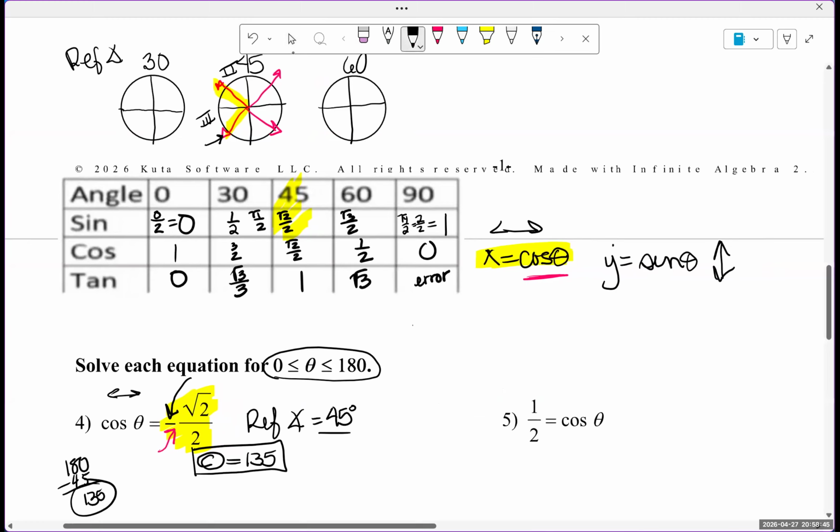Okay, number 5. Where is cosine equal to 1/2? So we see that cosine is equal to 1/2 at 60 degrees. Okay, and 60 degrees, these are the tall ones.